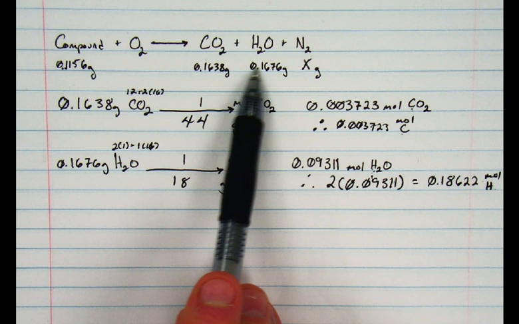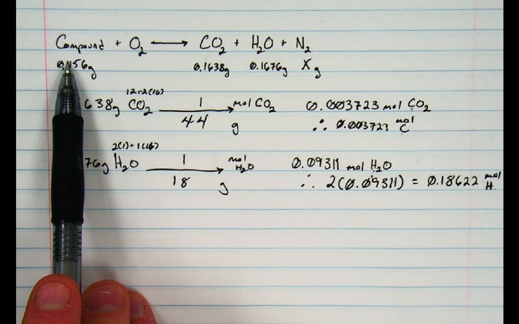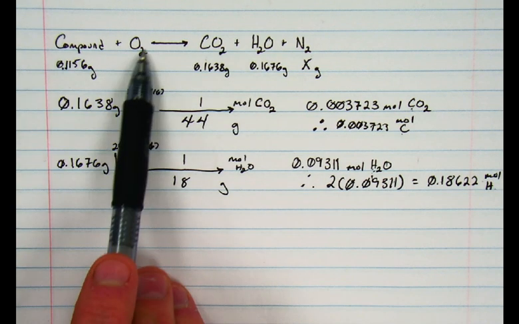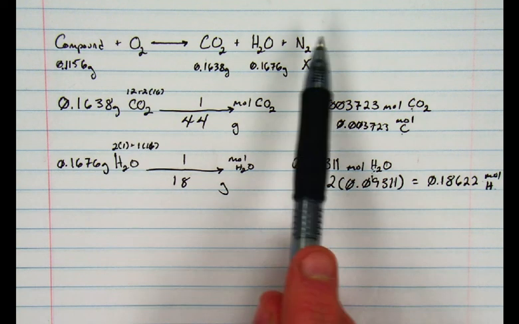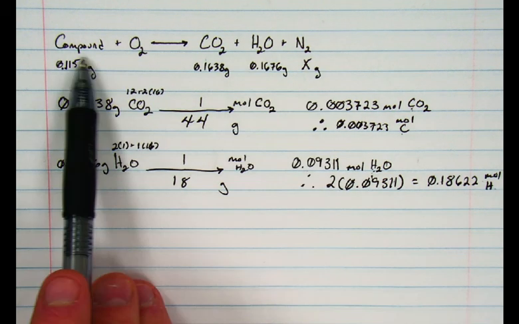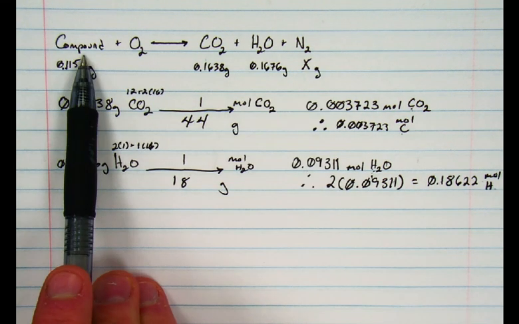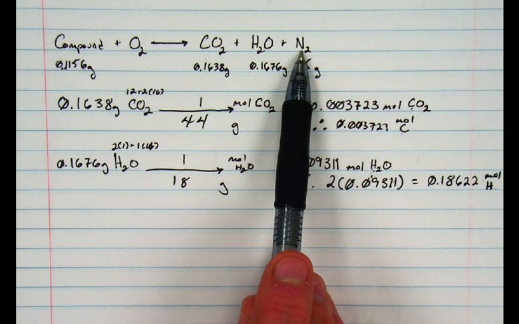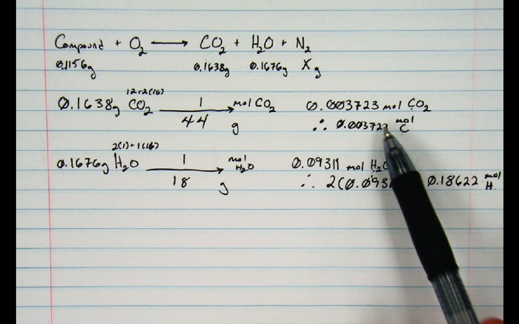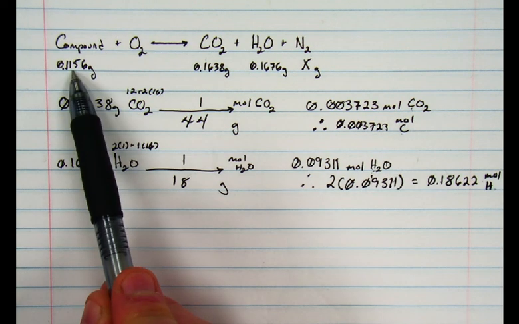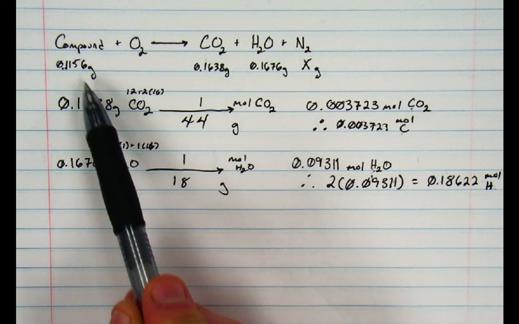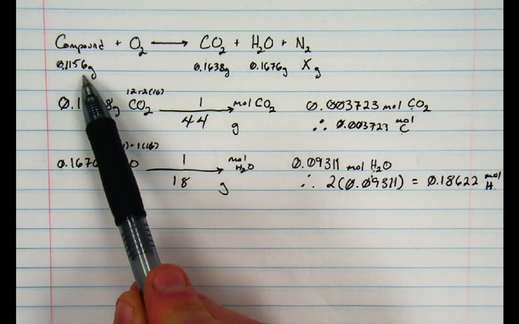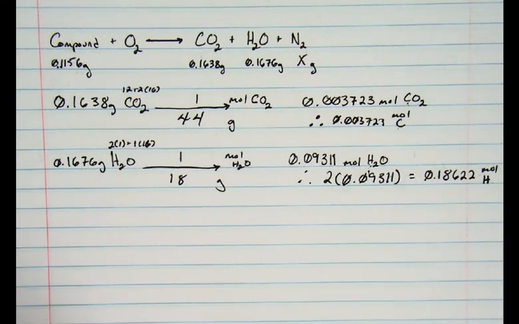These carbons and hydrogens could only have come from this compound. The only other reactant here is oxygen. So the only place that carbon and hydrogen could have come from is this compound, and it's the same place the nitrogen came from. So if we convert these back to grams and subtract them from the mass of the compound, we'll determine how many grams of nitrogen were present, and then we can figure out how many moles of nitrogen we had.